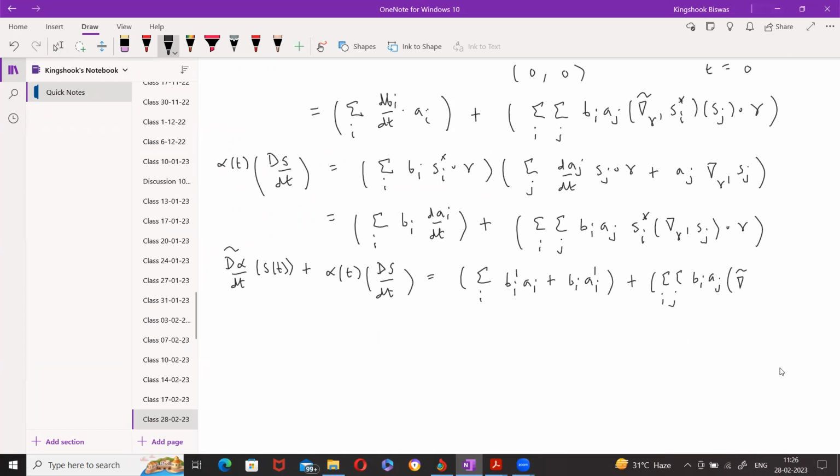So this sum is what? Nabla tilde gamma prime Si star acting on Sj plus Si star nabla gamma prime Sj.